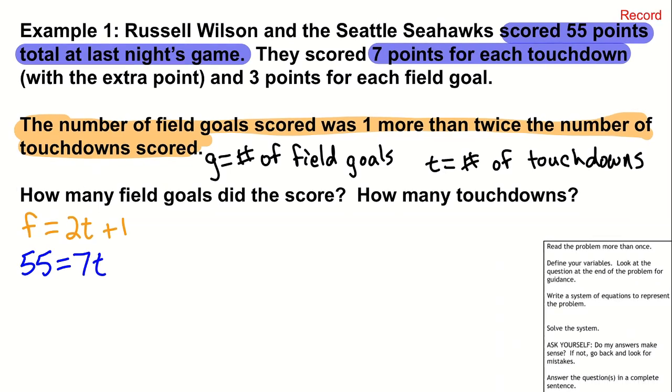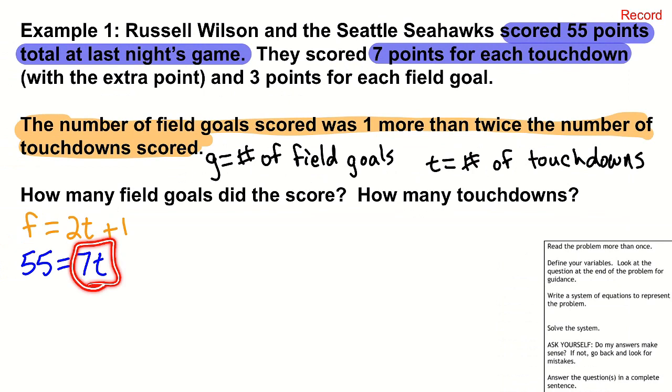This is how many points they scored on touchdowns. And then with the extra point, and 3 points for each field goal. So we're adding to that 3 points for each field goal. Questions about writing those two equations?